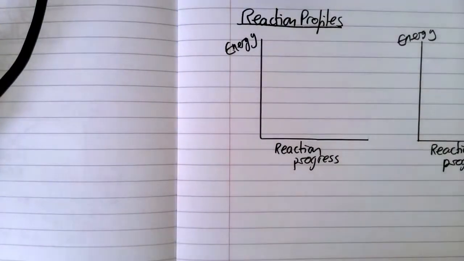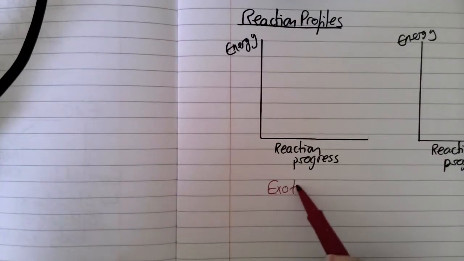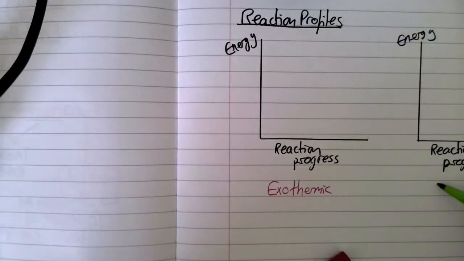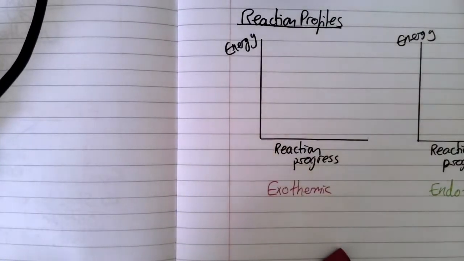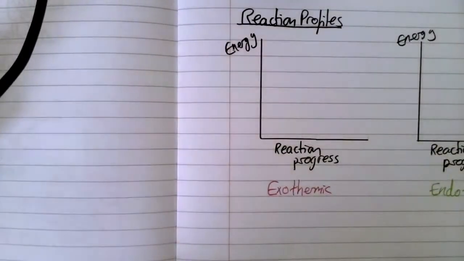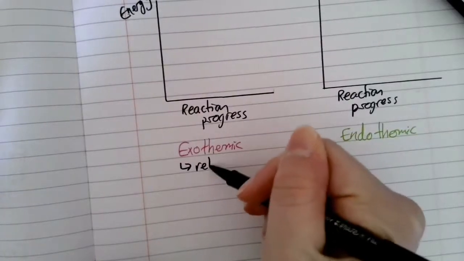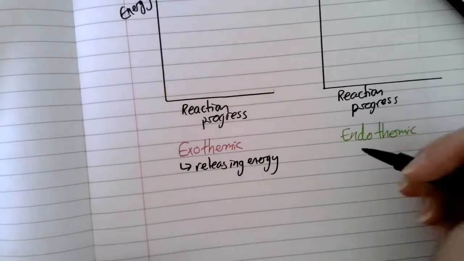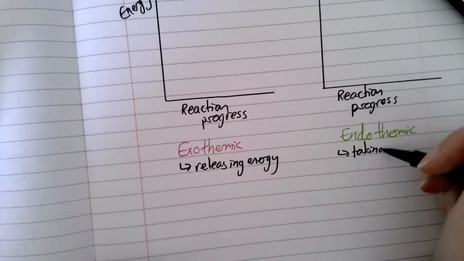So two examples here are going to be our exothermic and our endothermic. So with our exothermic reaction, we know that we are releasing energy to the surroundings, whereas our endothermic, we're taking in energy from the surroundings.